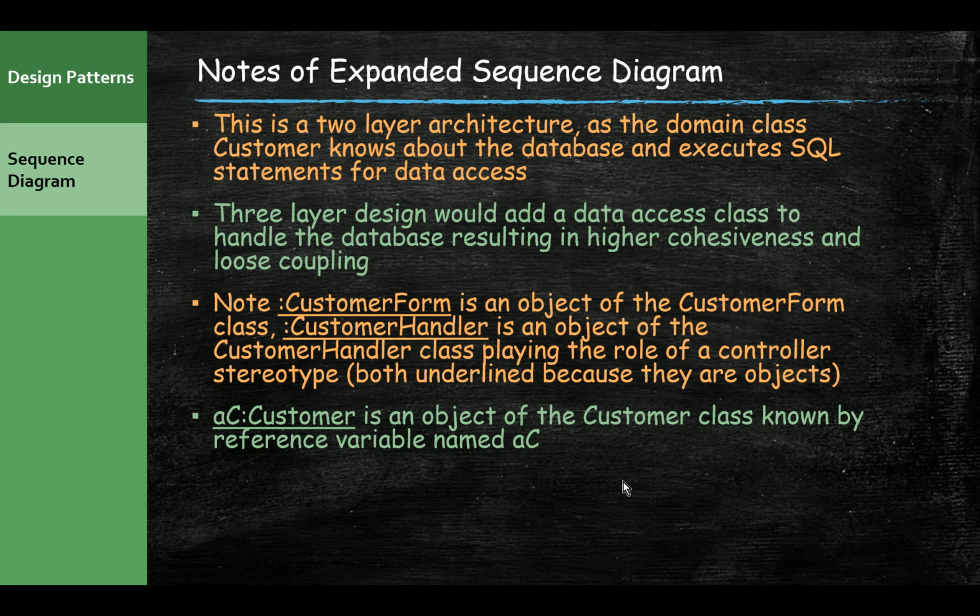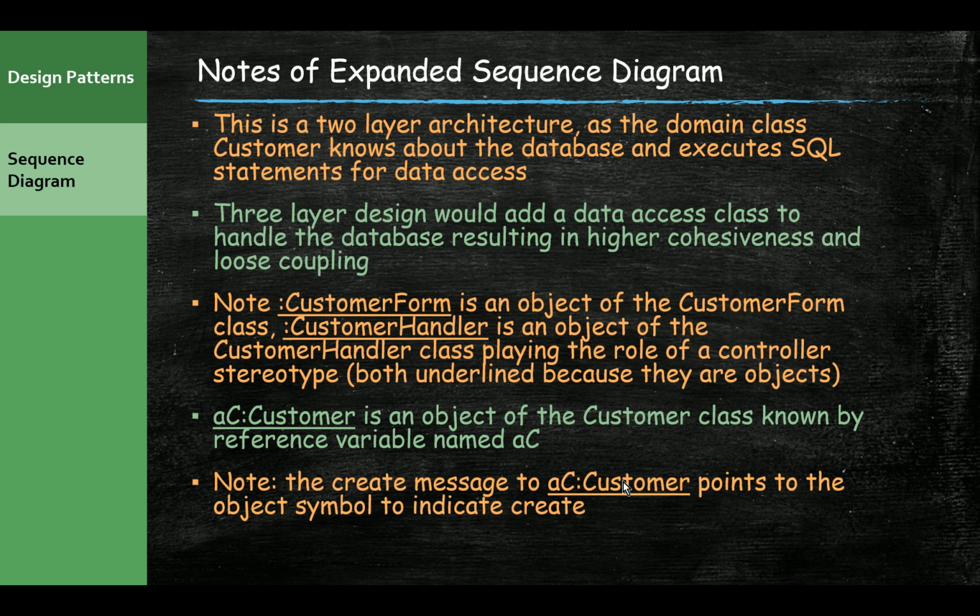So we looked at the design class diagram in the previous presentation, and we did have that. We had an AC attribute which referenced the entire customer object. So the data type of that attribute was the entire customer object. Note that the create message to AC customer points to the object symbol to indicate create.